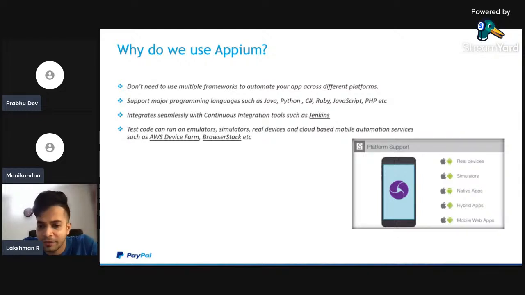It supports multiple programming languages like Java, Python, Ruby, JavaScript, PHP, etc. At the same time, Appium provides client libraries for these languages. It integrates seamlessly with continuous integration tools like Jenkins. Your test code can run on emulators, simulators, real devices, and cloud-based mobile automation services like AWS Device Farm, BrowserStack, etc. These are the key points that Appium provides, and that too free of cost and open source.